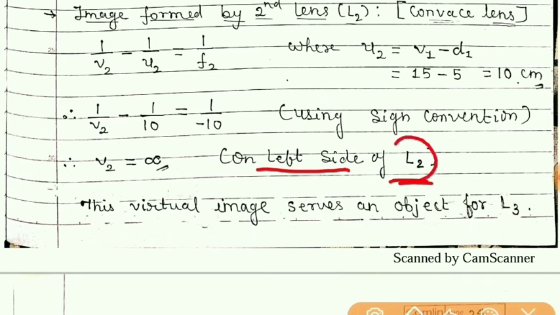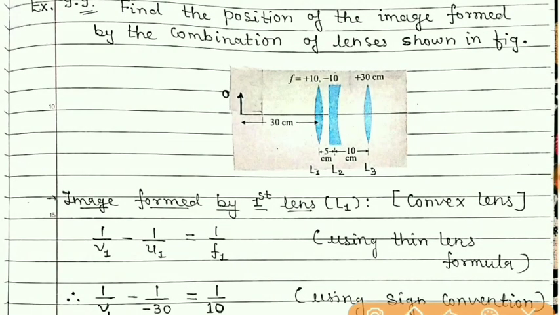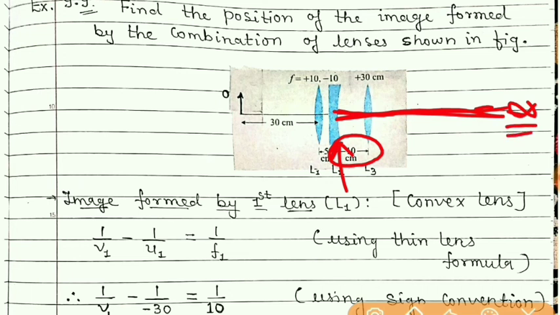of lens L2. Now this is the image formed by this lens L2, and this image will behave as an object for the third lens. Now students, as the image formed due to this second lens is at infinite distance, so from infinite distance, if we subtract this 10, then also that distance will remain infinite only.